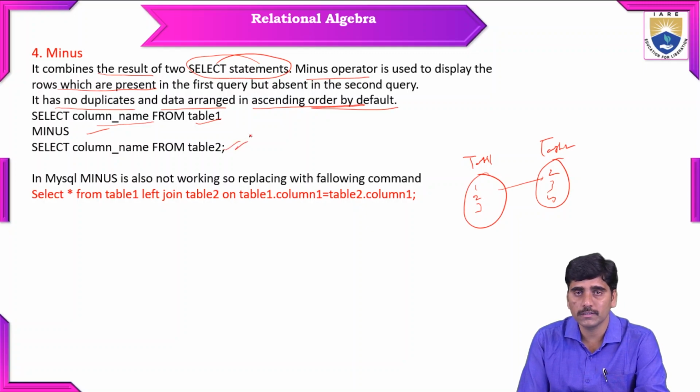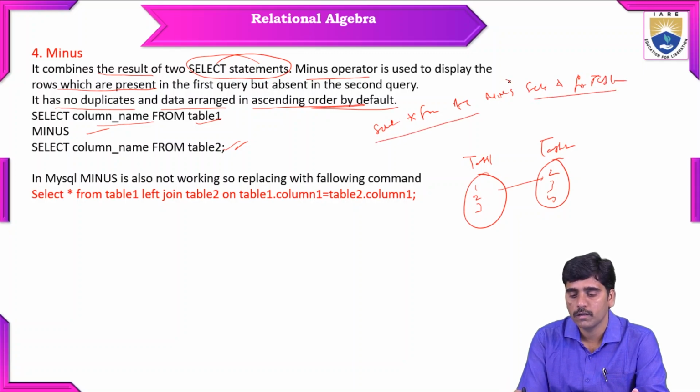We can write it as select star from table 1 minus select star from table 2. This is the minus operator, a set operator.